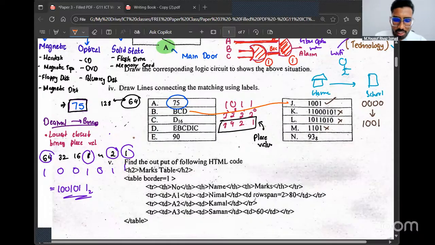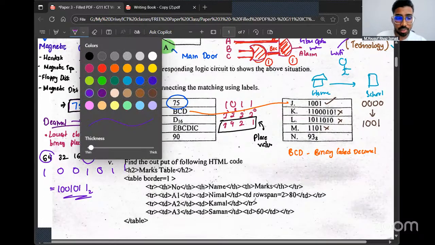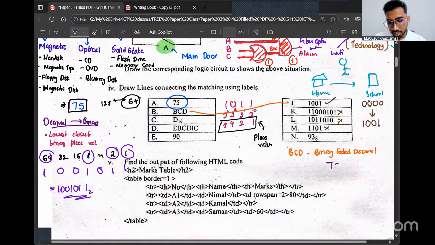BCD means binary coded decimal, which means we are going to represent each decimal digit using a binary value. For example, let's take a number, say 82.